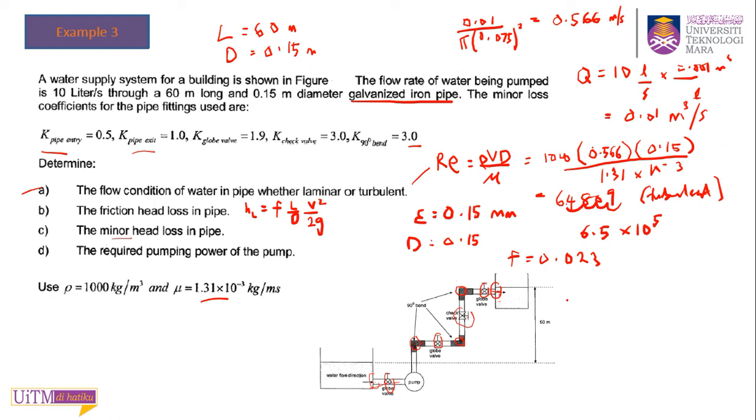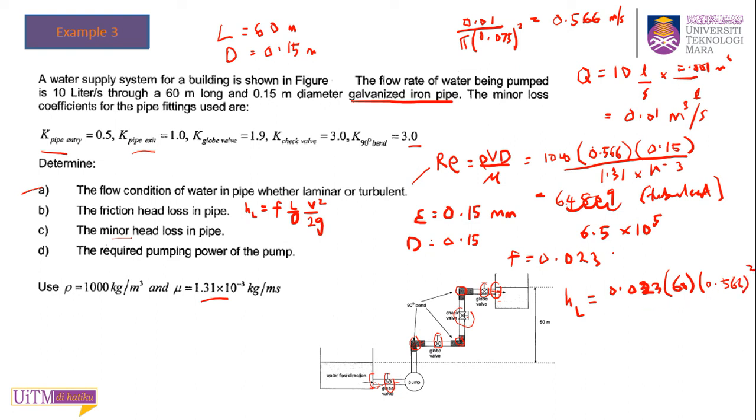F is 0.023 times the length, 60 meter, times the velocity squared, velocity is 0.566 squared.